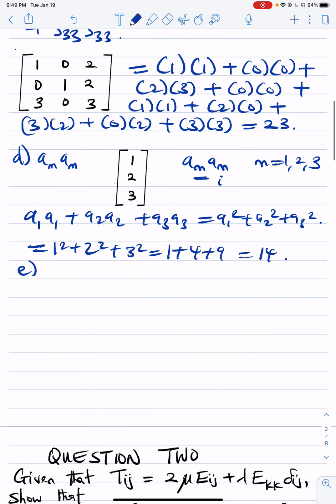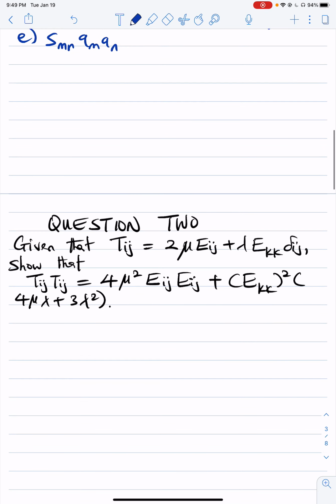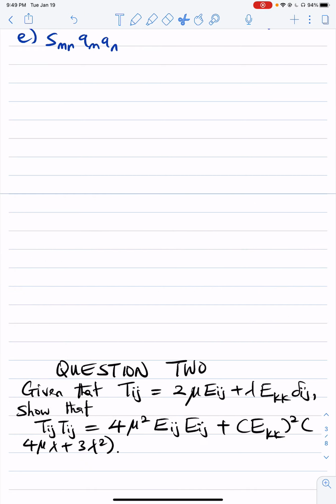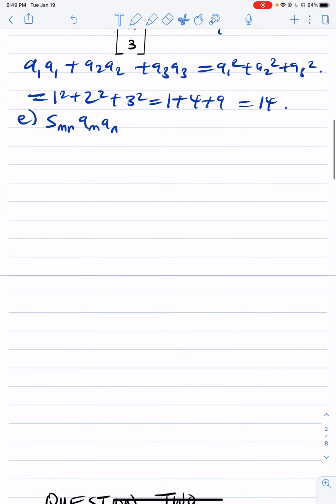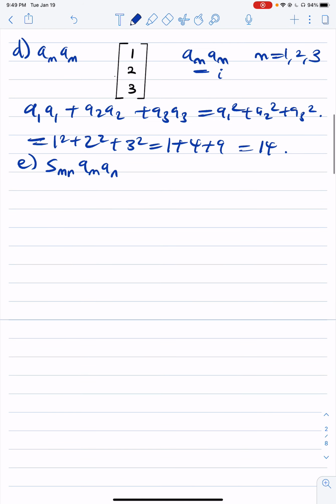Then the E part of the question, let's look at that. Sum of S_MN A_M A_N. Now we're going to expand this the way we usually expand stuff. M goes from 1, 2, and 3.